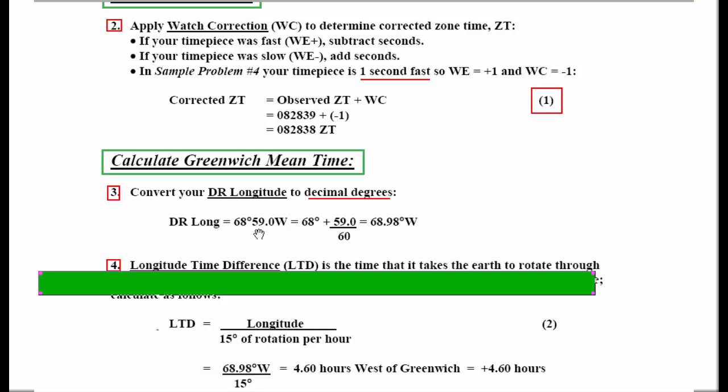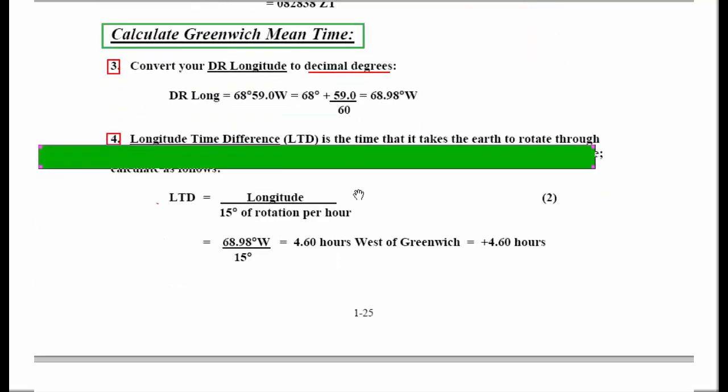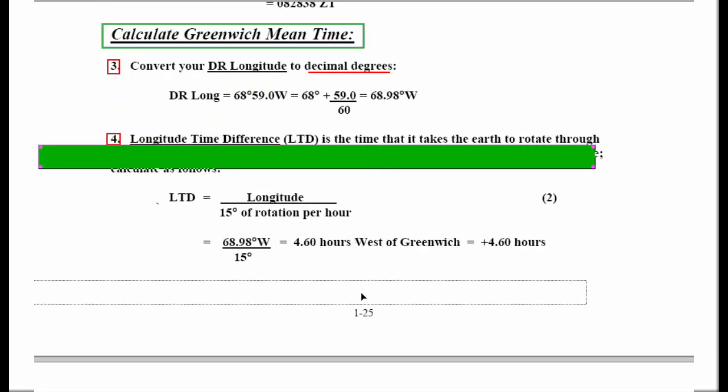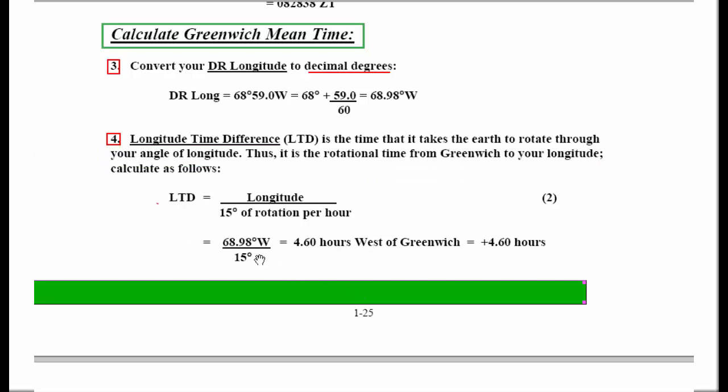So we first convert the 59.0 minutes to decimal degrees to allow us to divide. We take the 59.0 minutes, divide by 60 minutes, and that comes out to 68.98 degrees west. We divide that number by 15 degrees per hour, and that gives me 4.6 hours west of Greenwich.